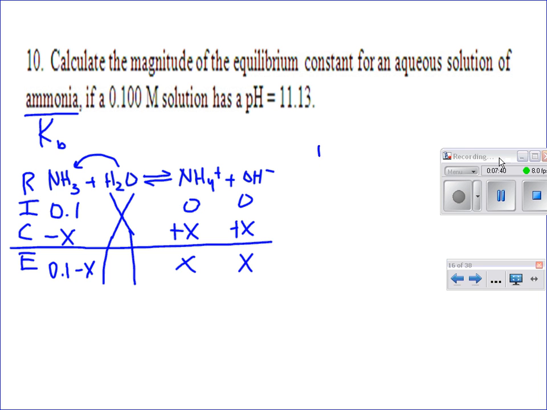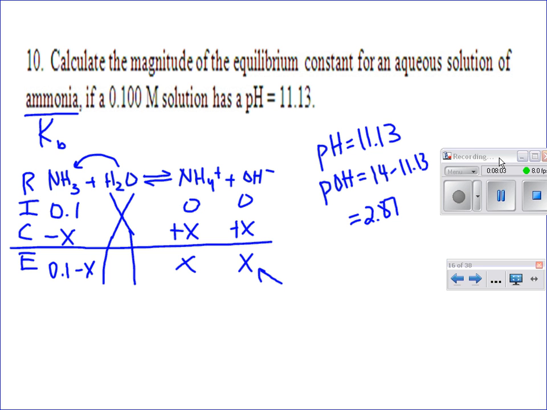They told us the pH, so this is a little bit different. It's not harder, but if we do 10 to the negative that, what do we get? H plus, but what do we need? Concentration of OH. So I'm going to go ahead and get pOH from this. How do I do that? Good. So what do I get when I do 14 minus 11.3? Give me 2 decimal places. 2.87.